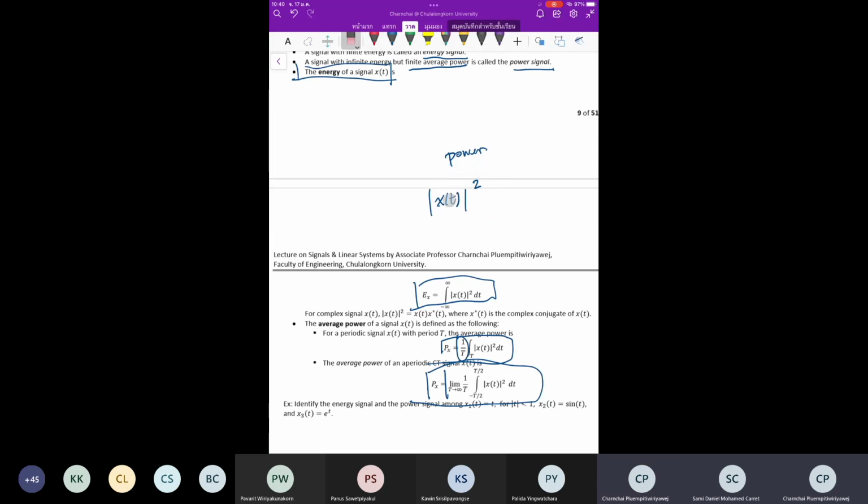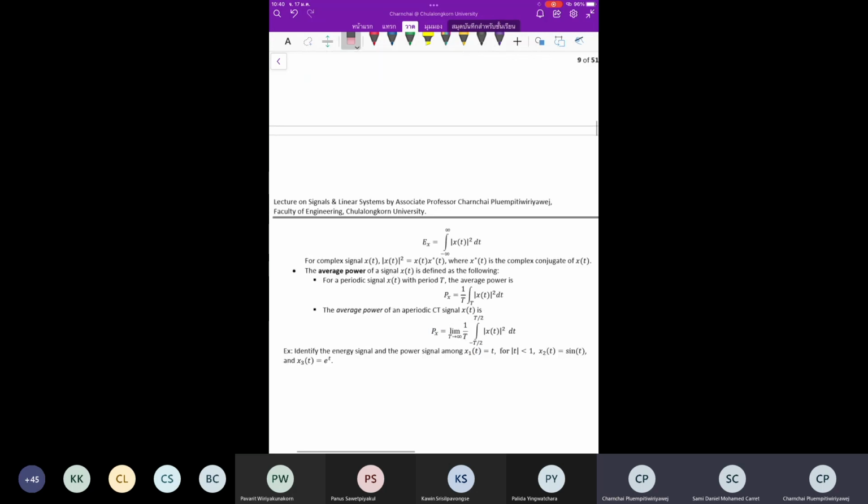Just follow these definitions. This is the definition of energy: you integrate the absolute value of x squared from negative infinity to infinity, over the whole t. But be careful a little bit.